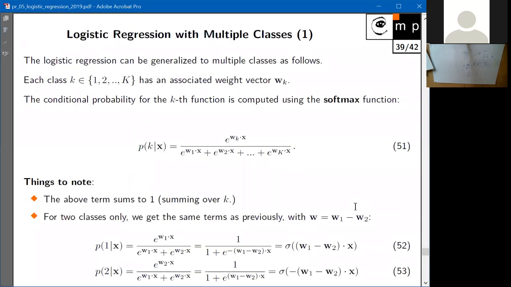Okay, the only remaining part that I have to talk about is generalization to K classes. So this looks slightly different, but you see that we were using this. What happens here? We have a vector W for every class.